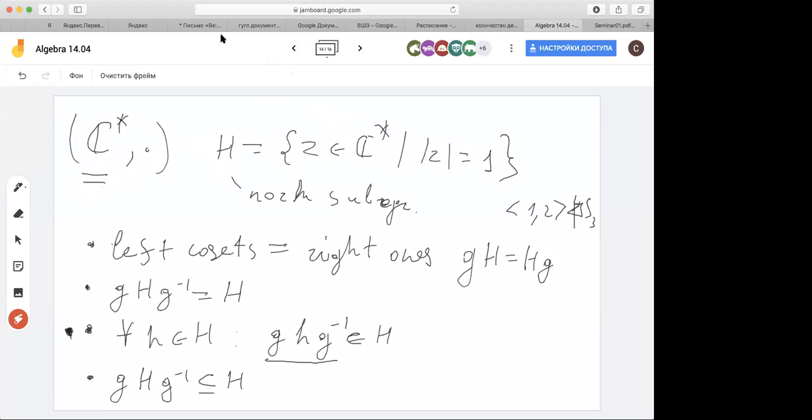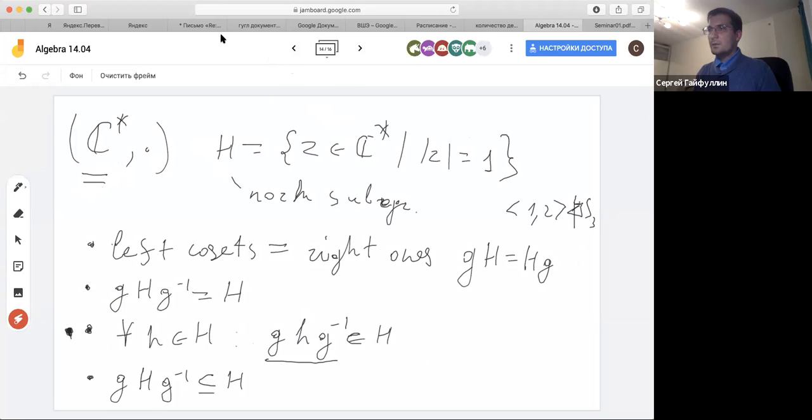Since the multiplicative group of complex numbers is a commutative group, every subgroup is normal, because right cosets and left cosets are the same.